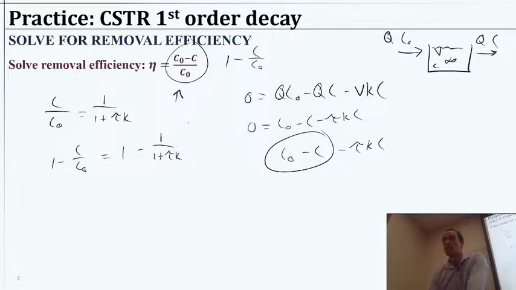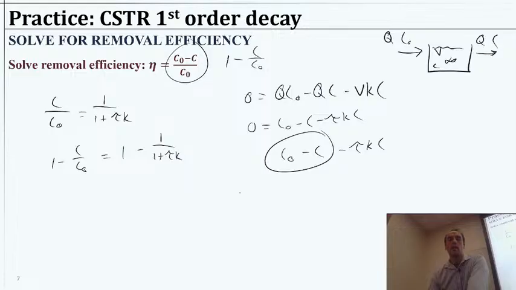Yes. So after solving this on the right side, c over c naught equals 1 over 1 plus tau k. You solved that for c, and then put this in terms of c? Exactly. So I now input this. Okay, so you put our mass balance in terms of c, and then put it into there. That makes sense.